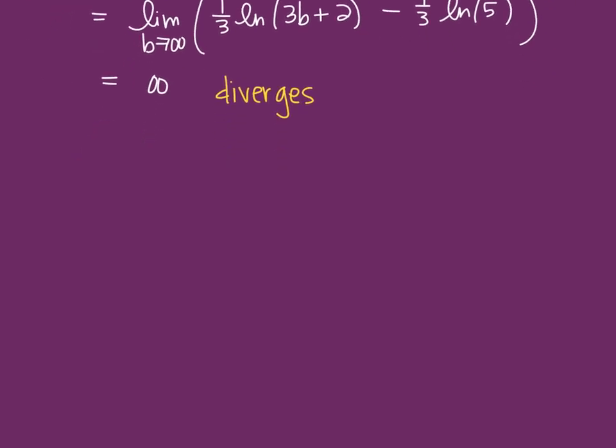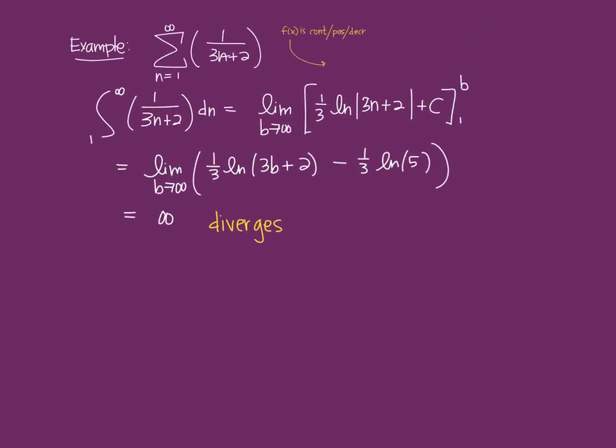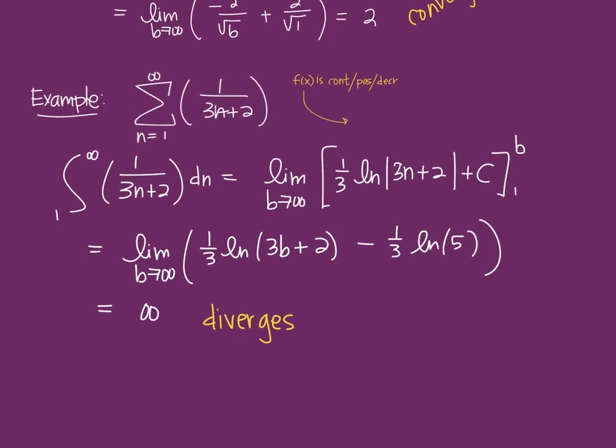But did you say in the ratio test that thing was inconclusive? The result of the ratio test was 1, so it was inconclusive. But didn't you say if the integral diverges, the sum also diverges? Right. So we just proved it. We couldn't have told that from the ratio test, but we can tell it now by the integral test.